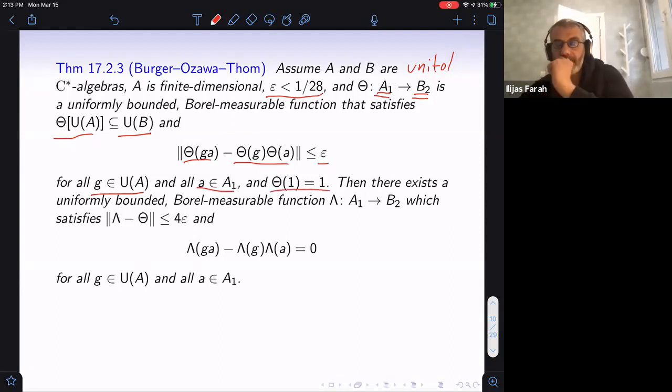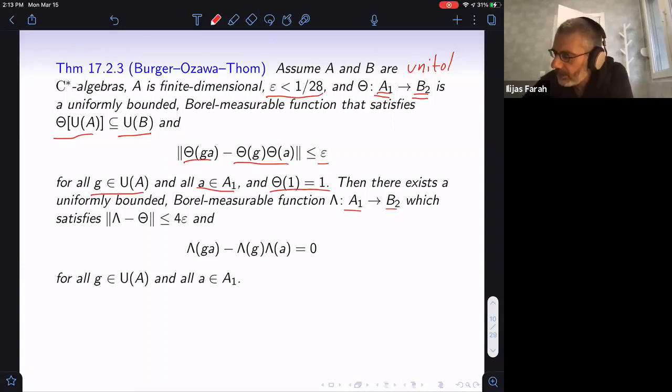Right, so this is approximately multiplicative, but only if one of the factors is a unitary. That's our assumption. In that case, there is a uniformly bounded Borel measurable function lambda, again from A1 into B2.